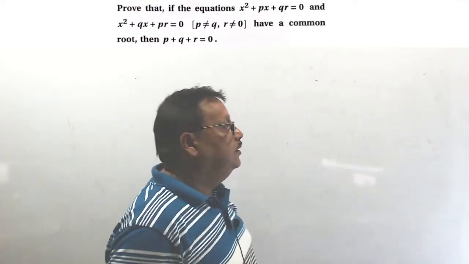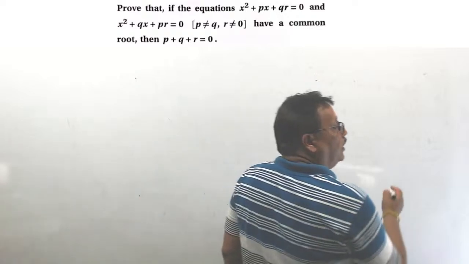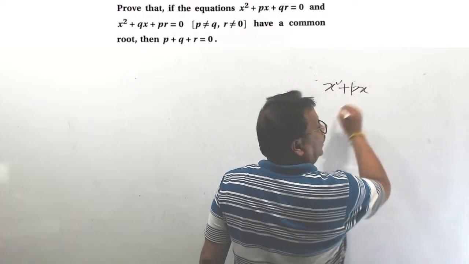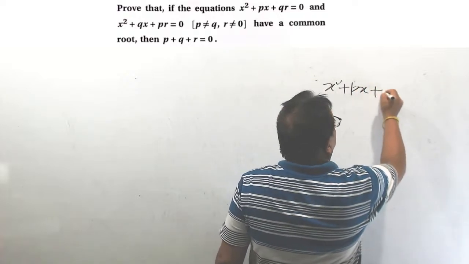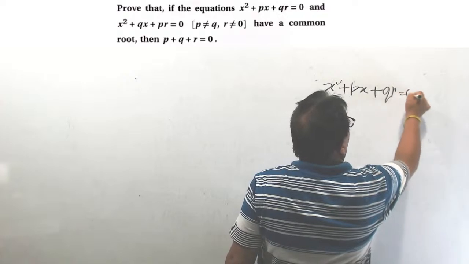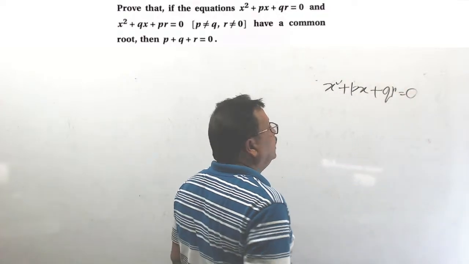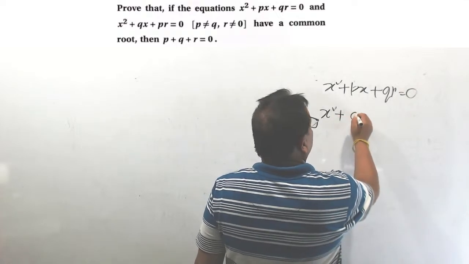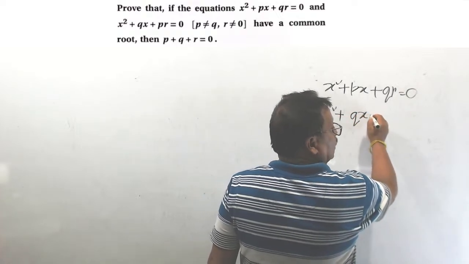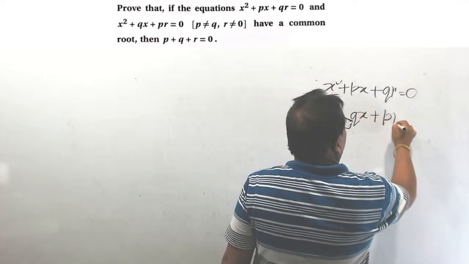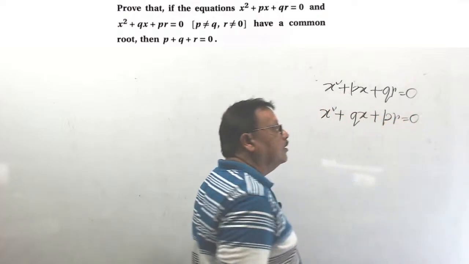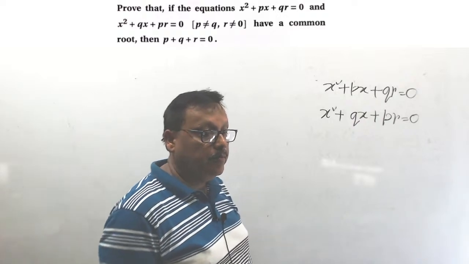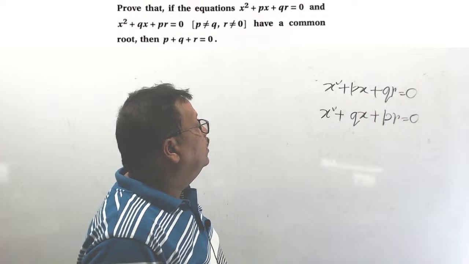See, the first equation is what? x square plus px plus qr equal to 0. Okay. The second equation is x square plus qx plus pr equal to 0. The conditions given are p not equal to q and r not equal to 0.